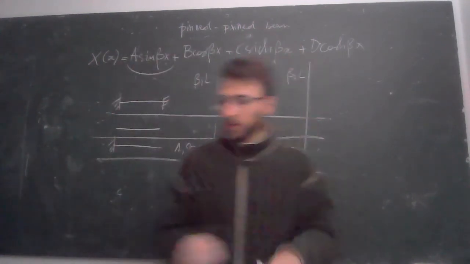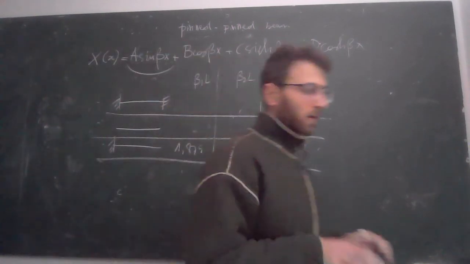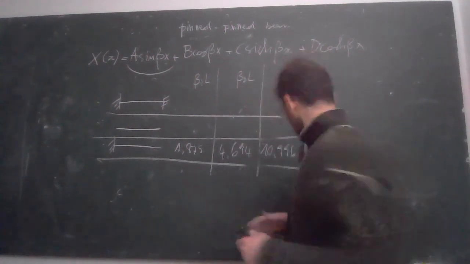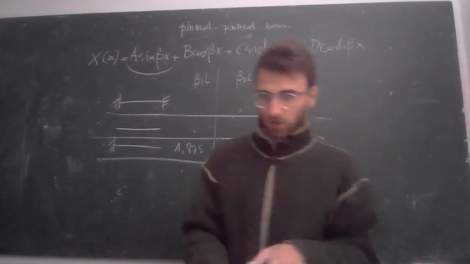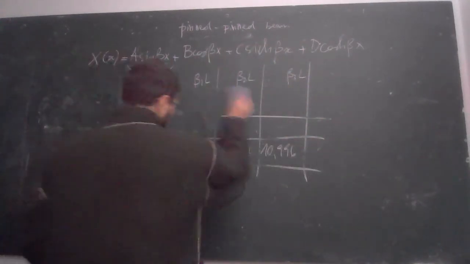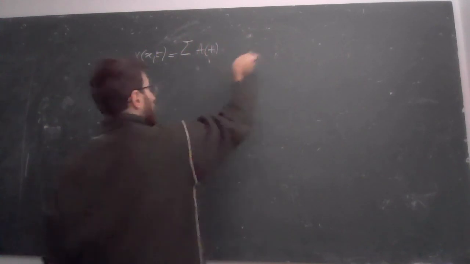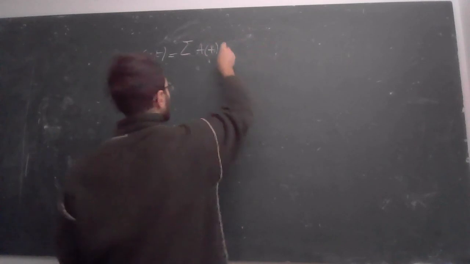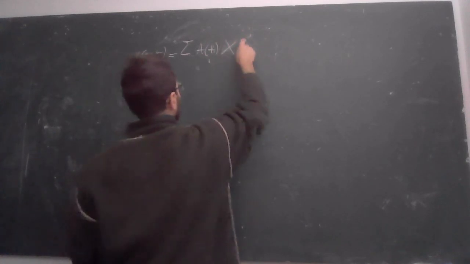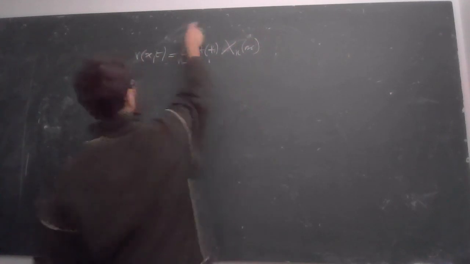I want to show you another very little thing. We found that the response of a beam can be written as v of x,t, the summation of time-dependent terms times other terms, which we call X_n of x, where n goes from 1 to infinity.